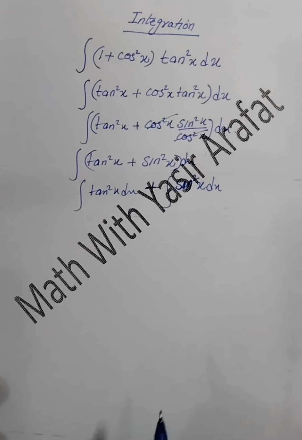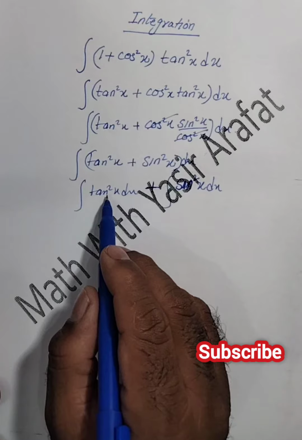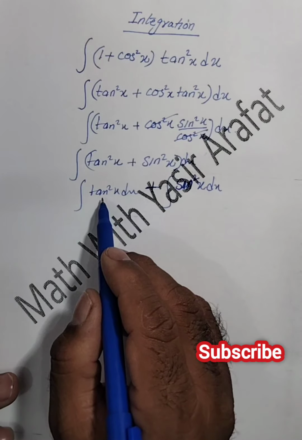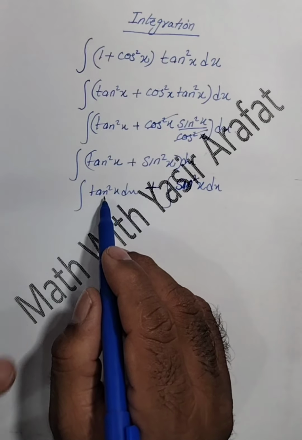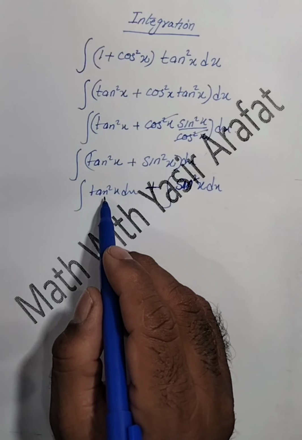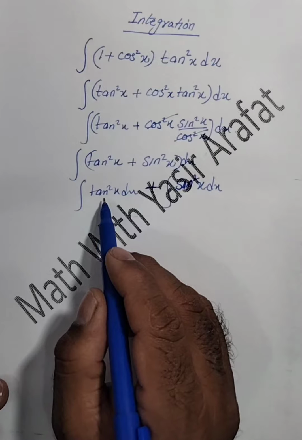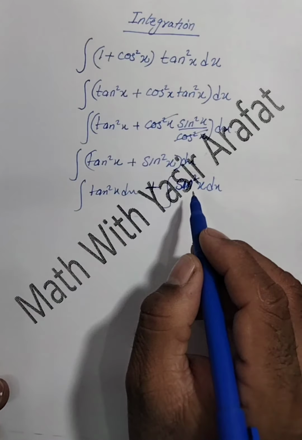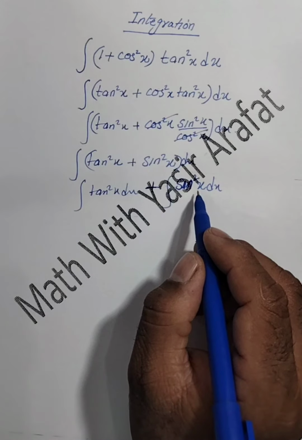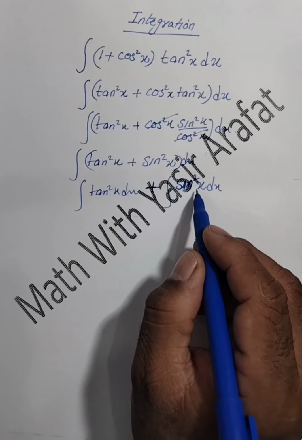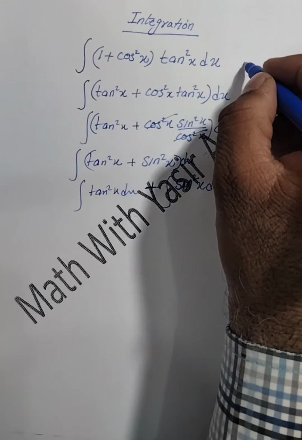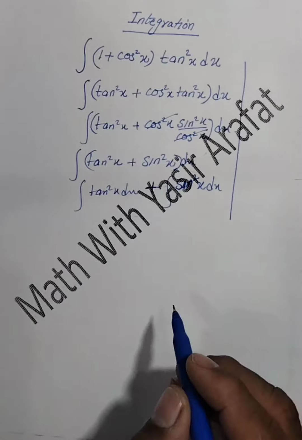Now, dear students, for the integration of tan²x, we don't have any direct formula. So we have to change tan²x into a correlated function in which we are able to find the integration. Again, we don't have a direct integration of sin²x, so we have to use the formula of sin²x as well.